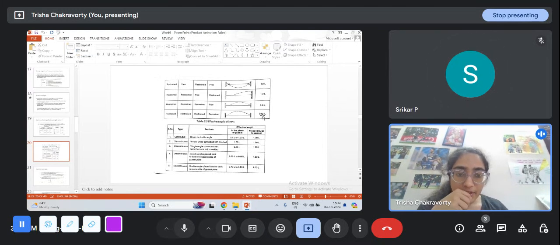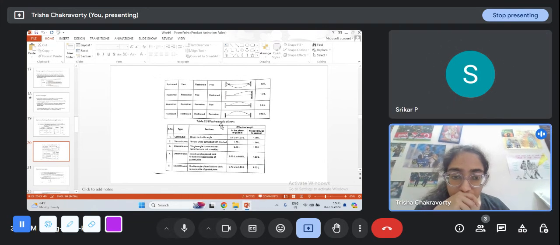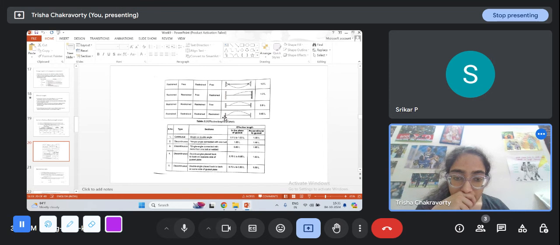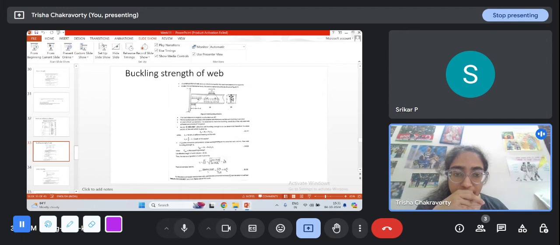So fixed is 0.65, right? Yes, ma'am. Okay, effective length of struts, single or double angle. Basically, if you look at this I section, it can be considered fixed at this point and fixed at this point.